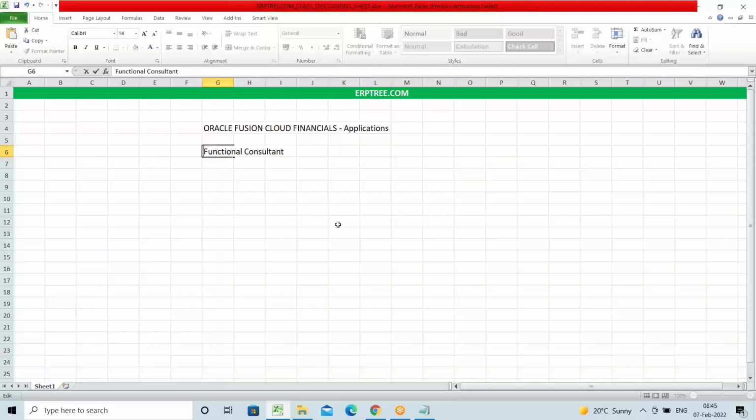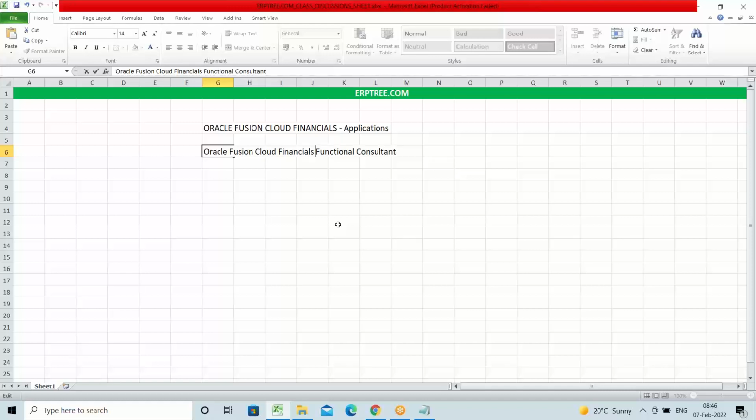We are going to work on certain applications, and accordingly you can name the role. You can work as Oracle Fusion Cloud Financials Functional Consultant. Okay. So this is the title we'll have when we are working on these applications. When you join any company, it will be called Oracle Fusion Cloud Financials Functional Consultant.